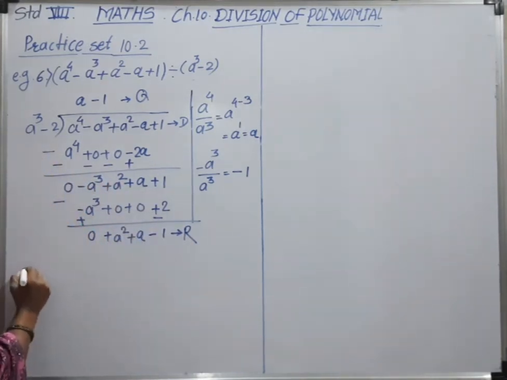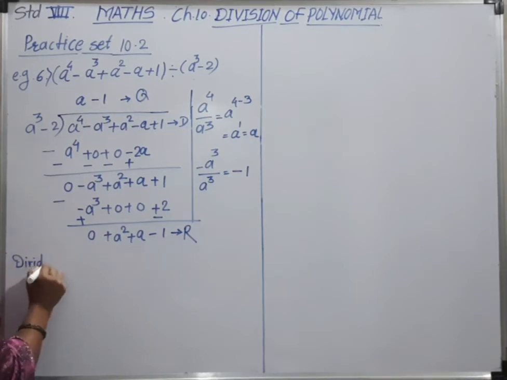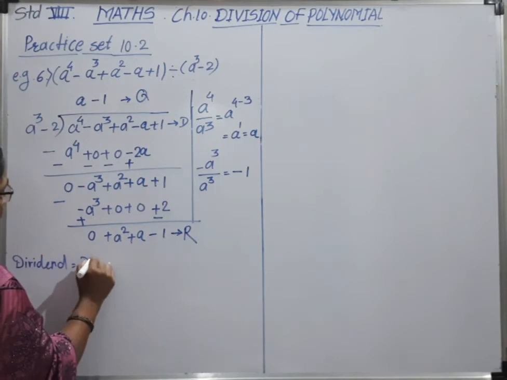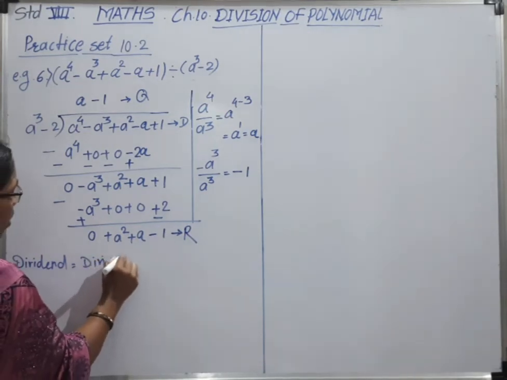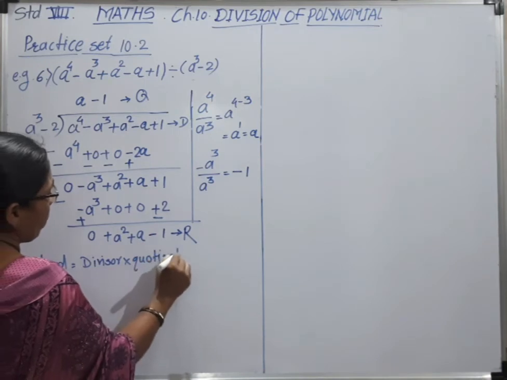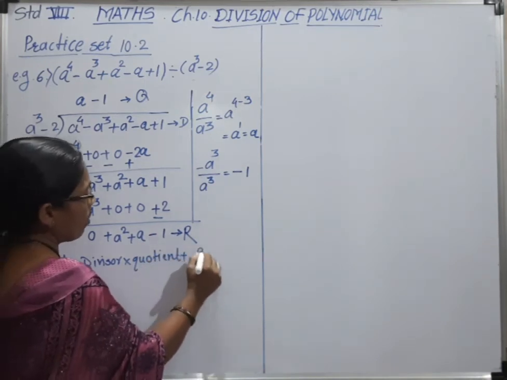So we know that dividend is equal to divisor into quotient plus remainder.